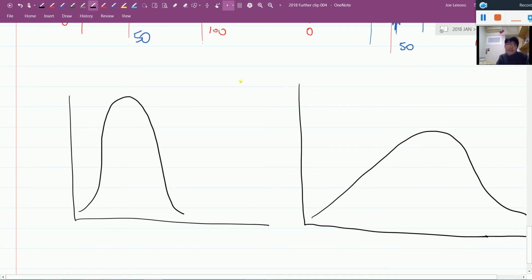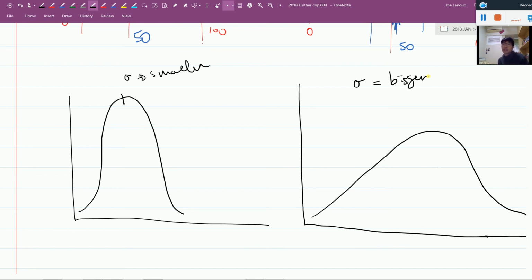Then you'll find that the first one has a smaller standard deviation compared to the next one, which is straightforward, because with more spread around, the standard deviation would be bigger. The ones very close to each other have a smaller standard deviation. However, if you start from 0 to 100 for your graph, this is 0 and this is 100.